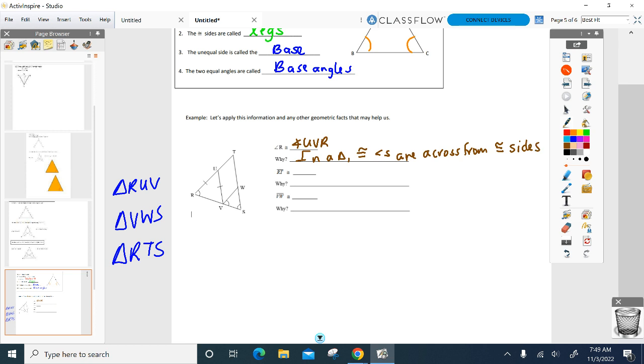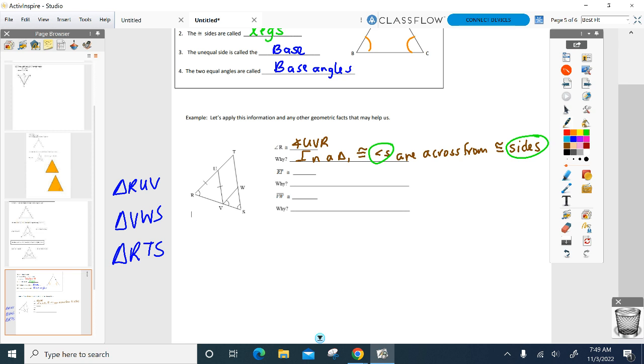In a triangle, congruent angles are across from congruent sides. I don't care if you flip-flop them. It's the same theorem.